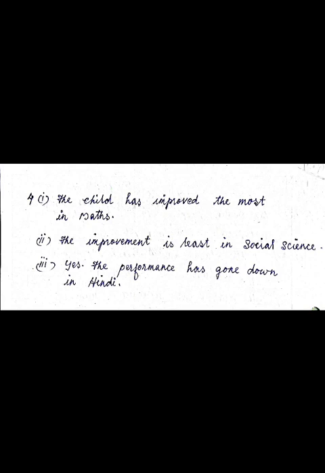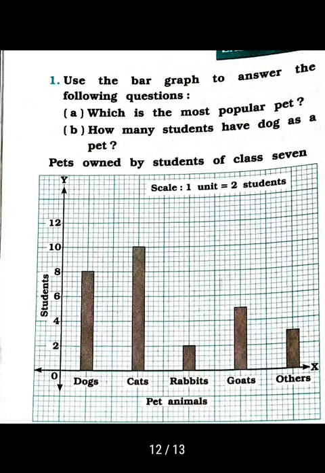Now, question first in exercise 3.3. In question 1, already one graph is given. You have to answer the questions. Observe the graph. The first question: which is the most popular pet? From the graph you have to answer. See that?